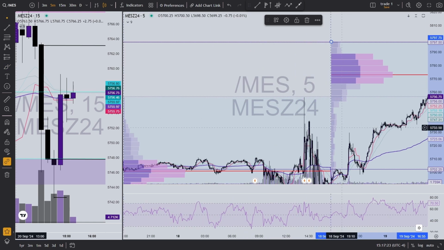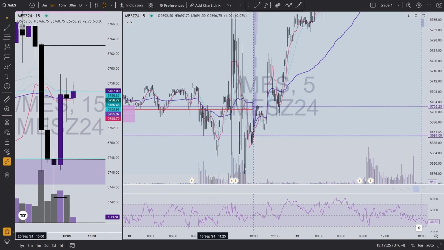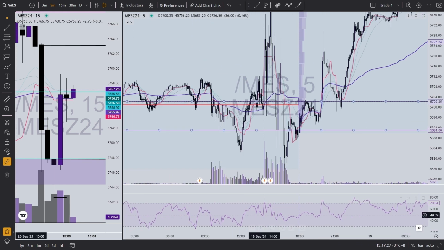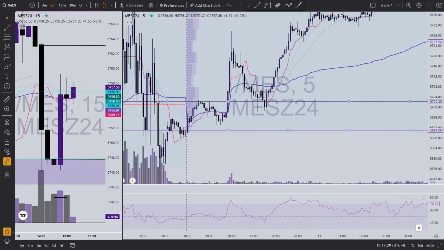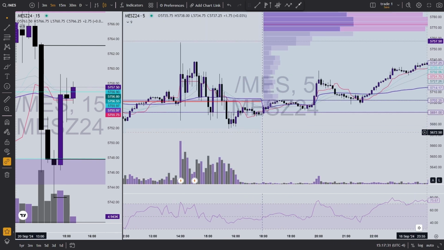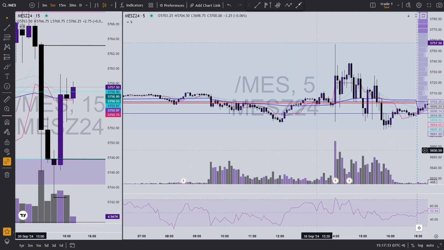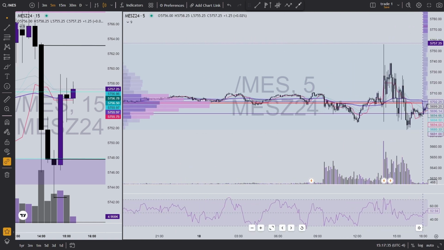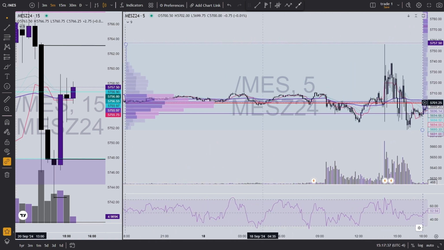If we were to rewind once more and take a look at Wednesday, we'll see the same story develop, with the target number around 5701.